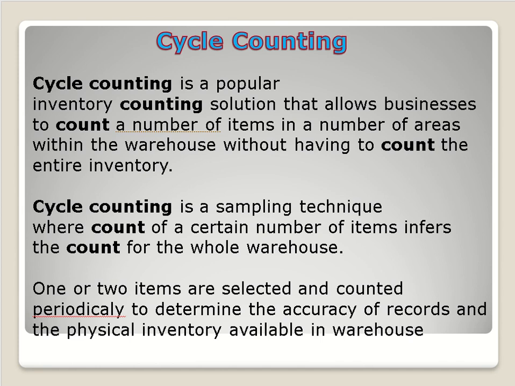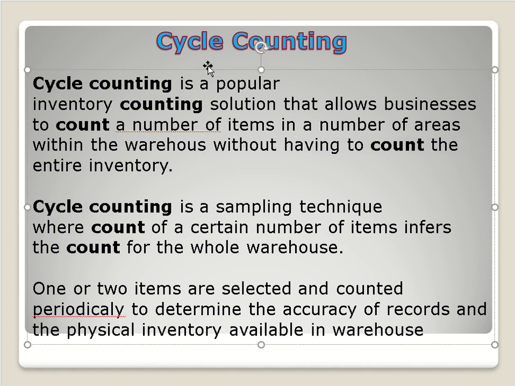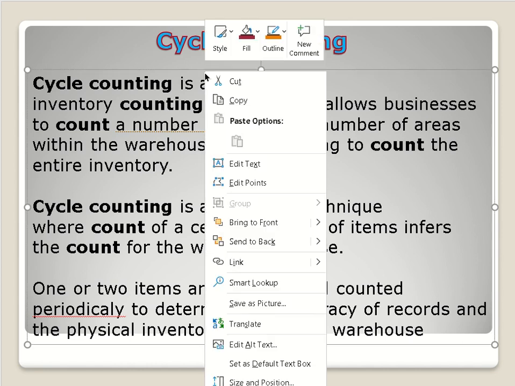So this is version 1 of cycle counting, to check the accuracy of the records. All right, that's version 1.